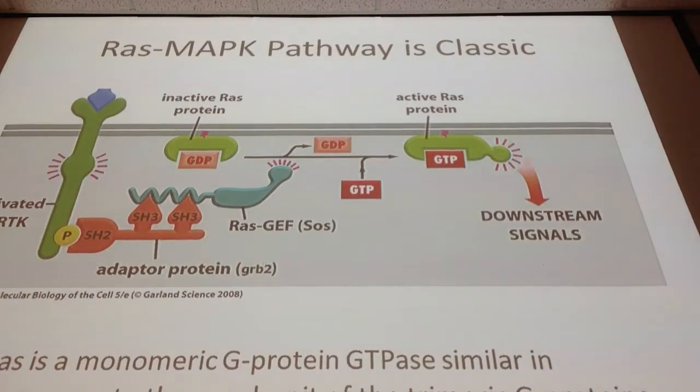So the idea is that the phosphorylated RTK is going to activate a monomeric G protein. And RAS is a monomeric G protein right here. Normally RAS is inactive.